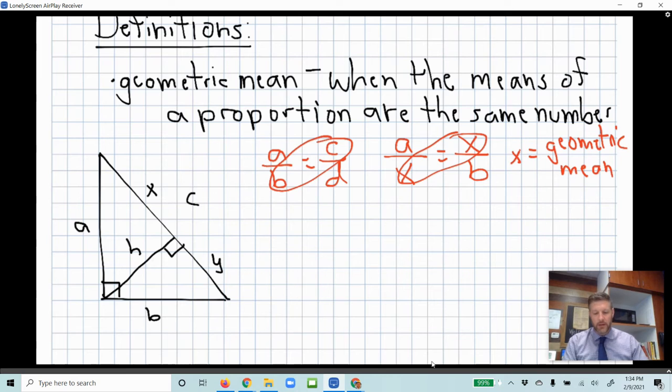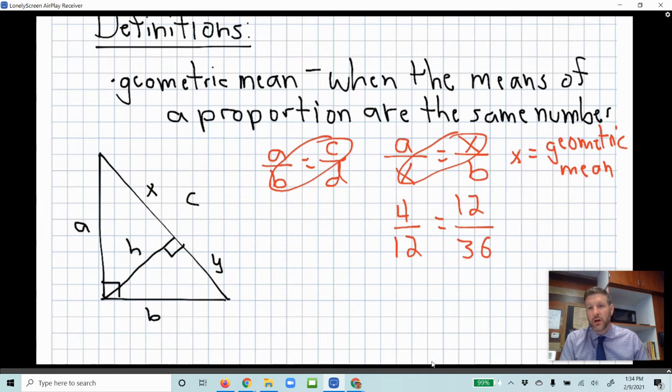Okay, so for example, if we did something like 4 over 12 and 12 over 36. Okay, that's a true proportion.